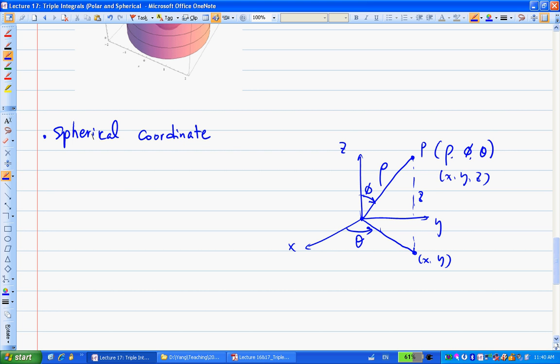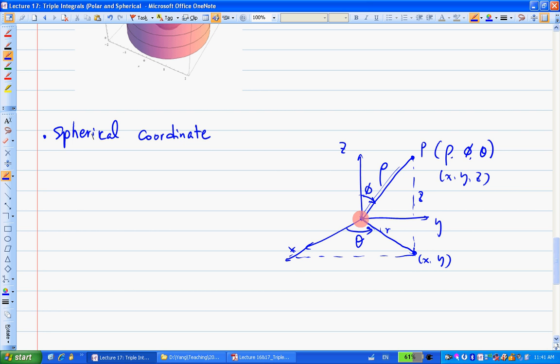How do we get x? You can see that x equals r multiplied by cosine theta. So this r cosine theta gives you the x.